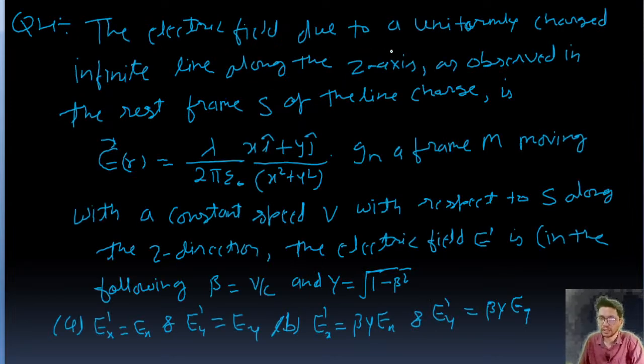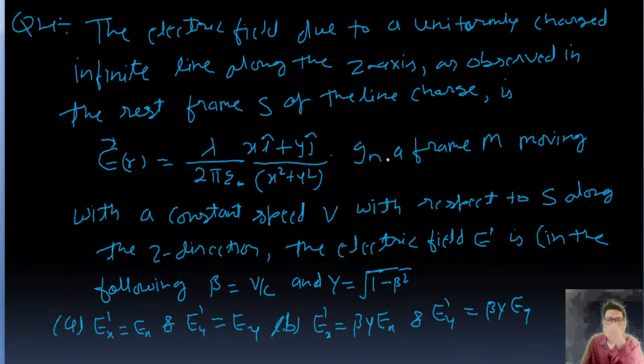The electric field due to a uniformly charged infinite line along the z-axis, as observed in the rest frame S of the line charge, is lambda upon 2 pi epsilon 0 times (x i cap plus y j cap) upon (x square plus y square).